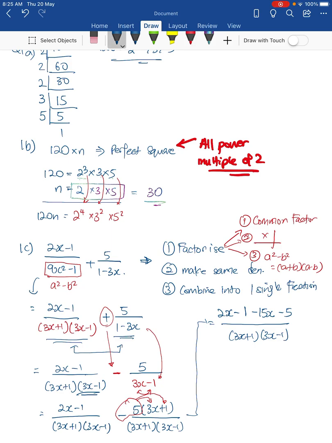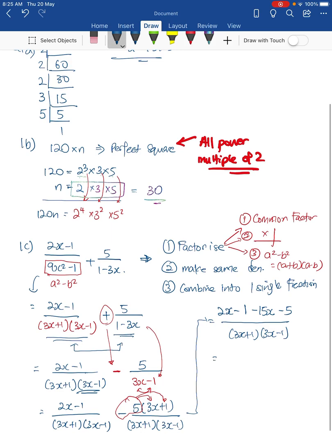Next, do we need to expand the denominator? Of course, the answer is no need. We just combine the top part. So minus 2x minus 13x will give us minus 15x, and minus 6 over here.